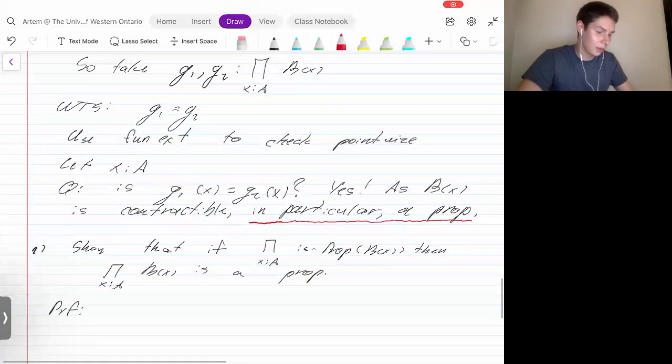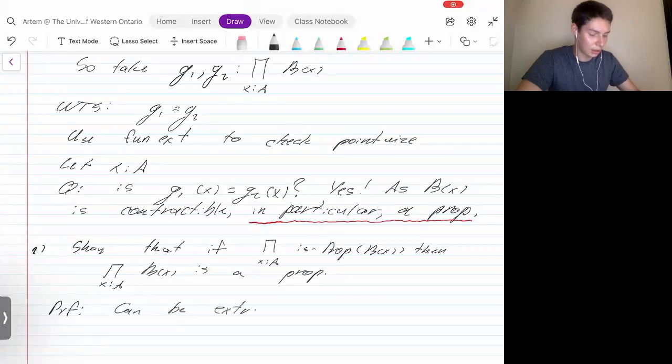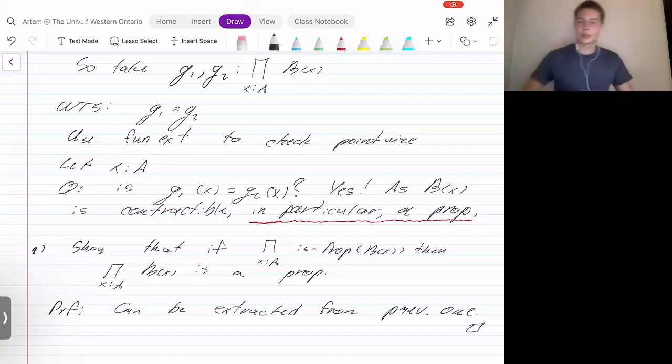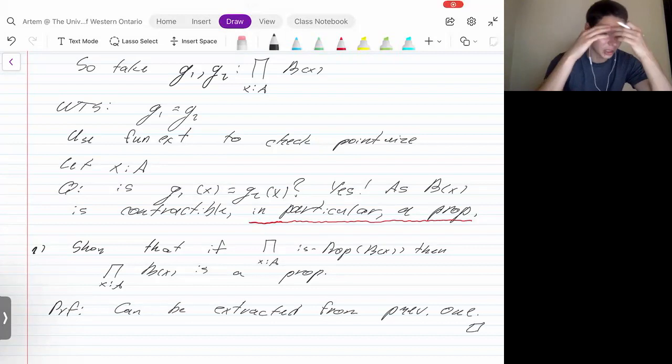So the proof can be extracted from the previous one, right? Of course, it's not going to be as straightforward, maybe you can do something to actually, type theoretically, get out of this proof, the proof about propositions.